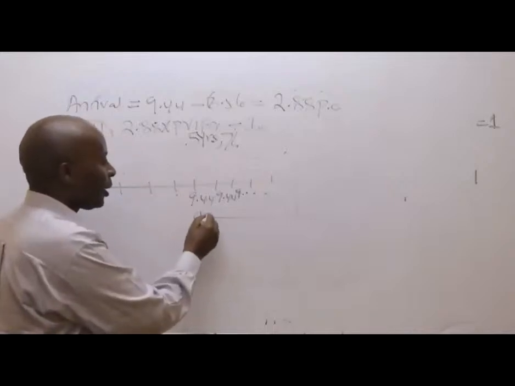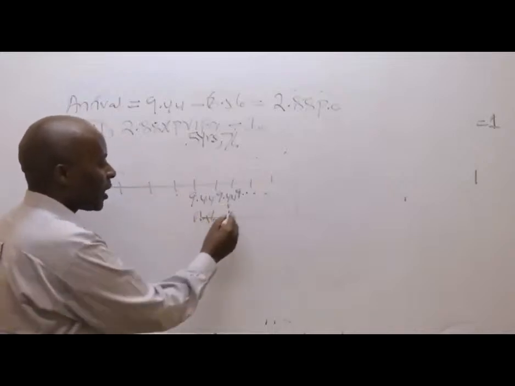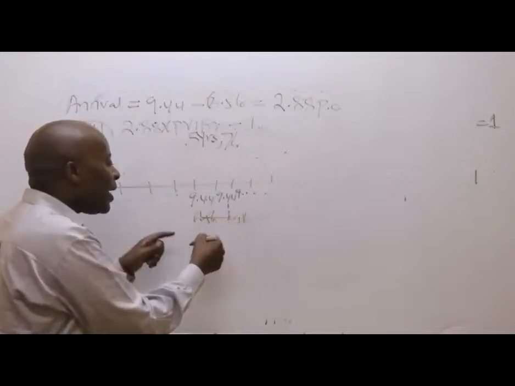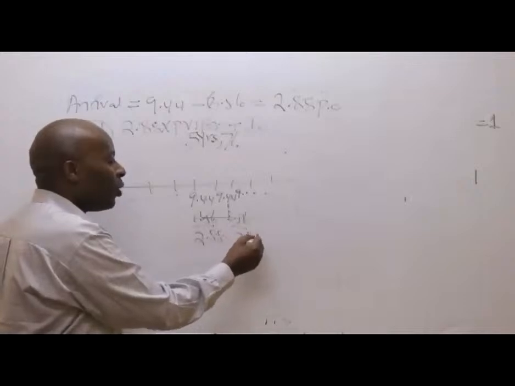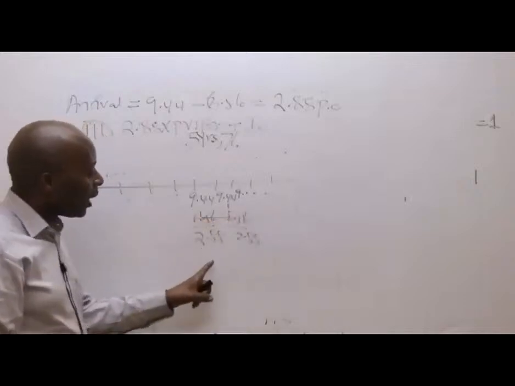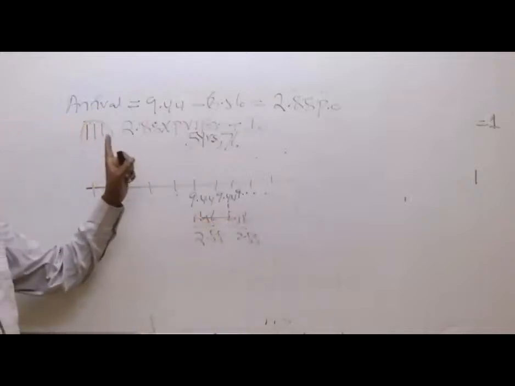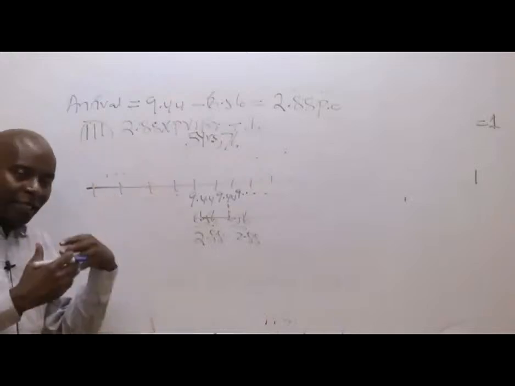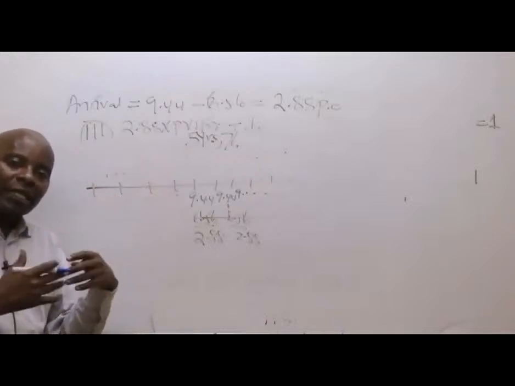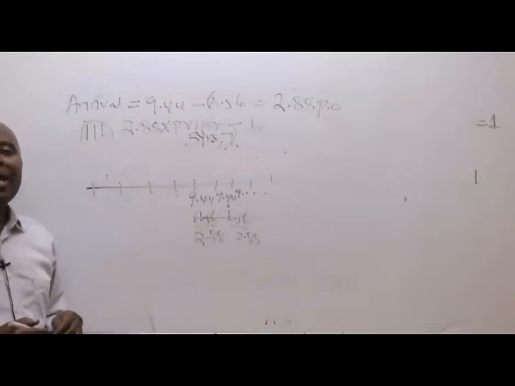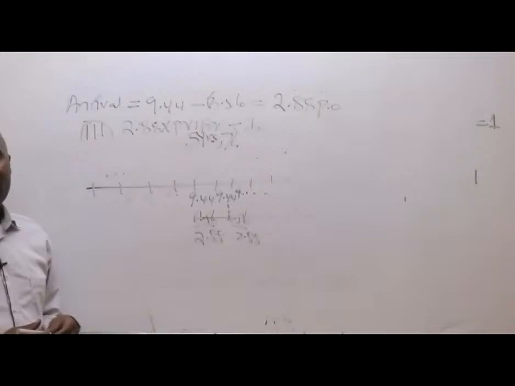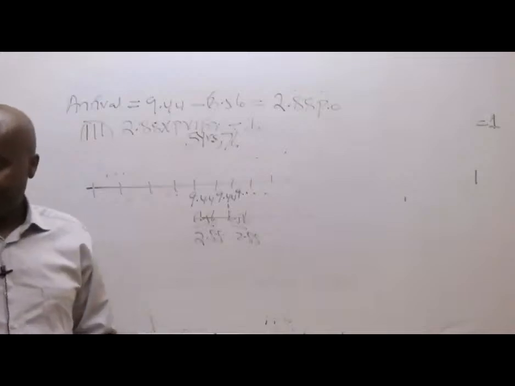Meaning kwamba for the remaining number of years, utakuwa unapata benefit ya 2.88. Always, ladies and gentlemen, whenever it comes to present valuation benefit, you look at the 2.88 you'll be getting for the remaining life of the old bond.